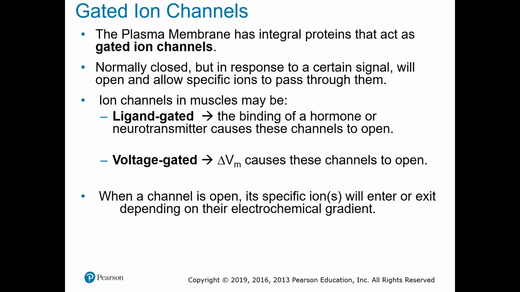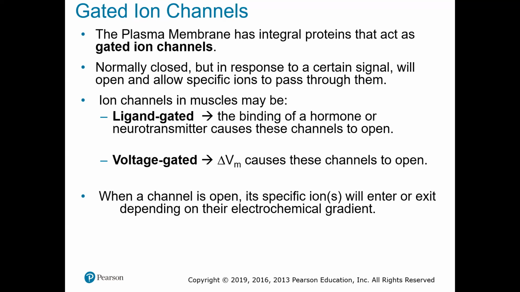But it only opens up for your signal. And you don't press a button and see a half a dozen garage doors go up around the neighborhood. You only have your door going up. Now, so you have a voltage gate that opens up when there's a change in the charge on the membrane.